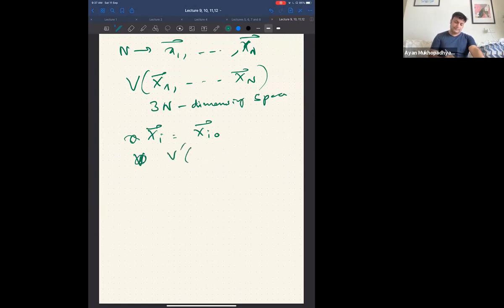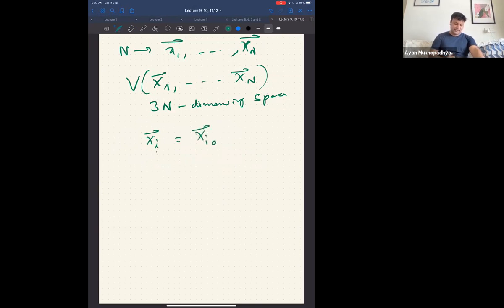V prime, the derivative with respect to x_i, at x_i equal to x_i naught is equal to, if it's a vector, I should do it this way: I stands for the particle index.